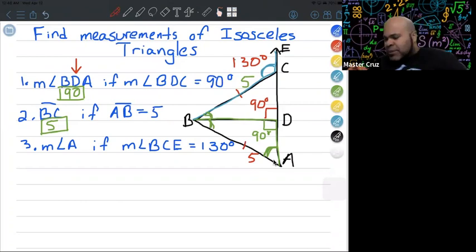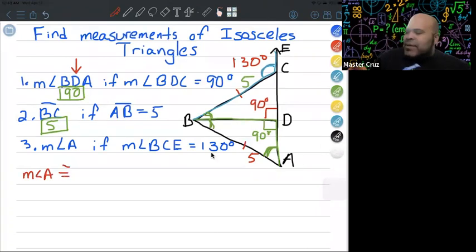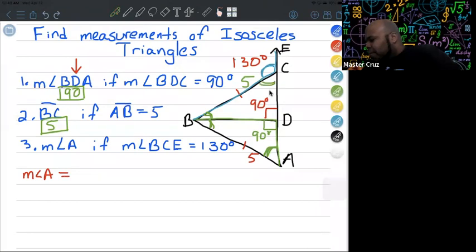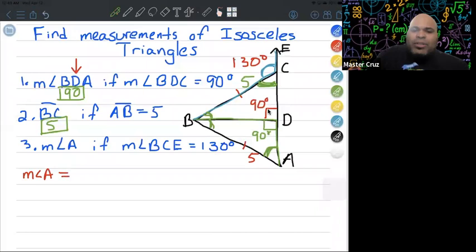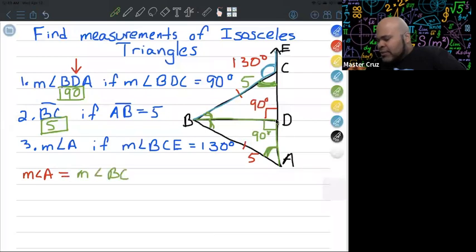The measurement of angle A is equal to the measurement of this angle here, angle C inside of the triangle, because it's the same angle on the other side, but we don't just call it angle C, we're going to call it angle BCD, okay? So these two are the same measurement of angle BCD.